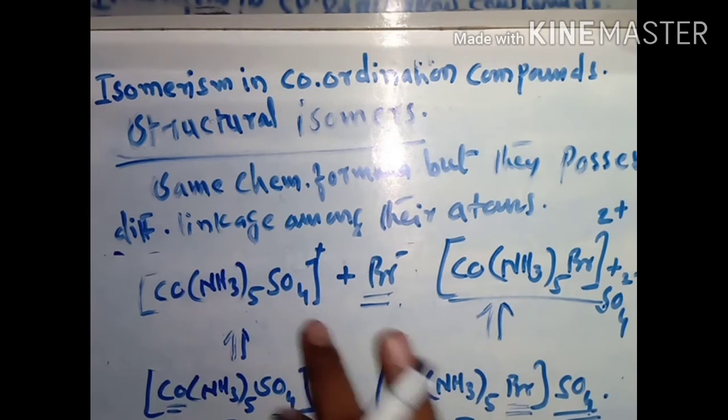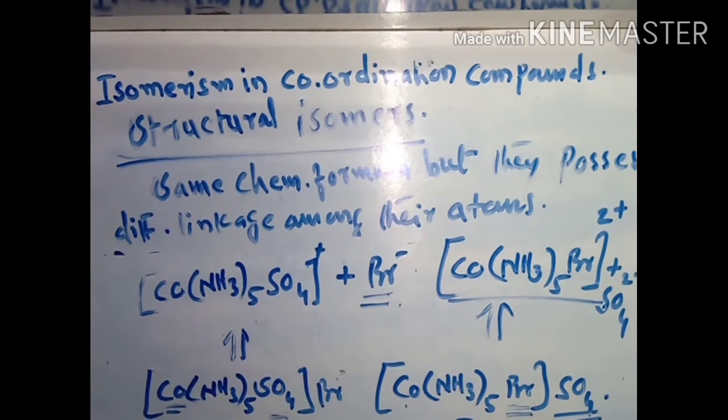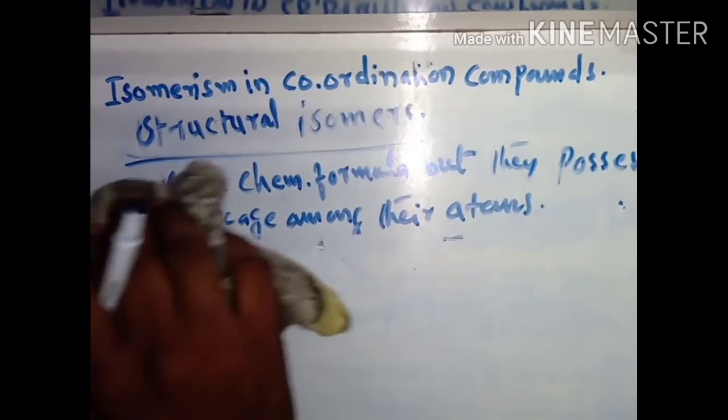It means both the ions are different but their molecular formula is same. That's why such complexes are termed as ionization isomers. They ionize differently but their molecular formula is same. So in this way we can write this example.